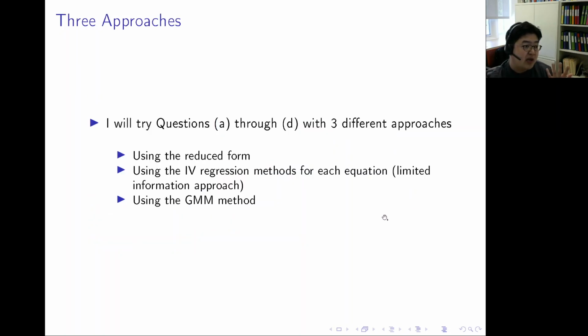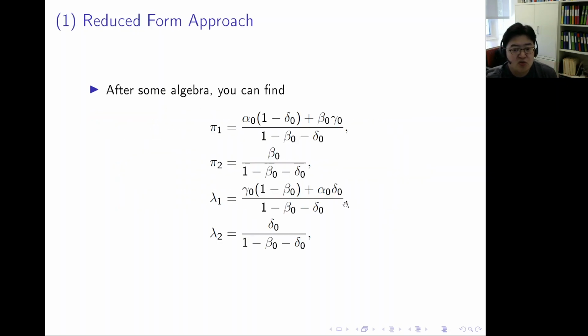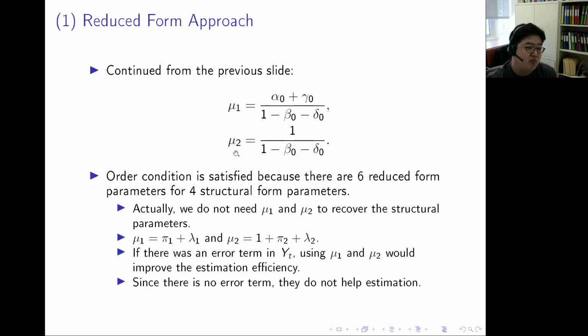So you don't need to weight. So you don't need to think about mu1 and mu2. But as I said, if there was epsilon 3, then using mu1 and mu2 and optimally weighting all the reduced form parameters will help you. That will improve the efficiency, right? So that's the intuition.